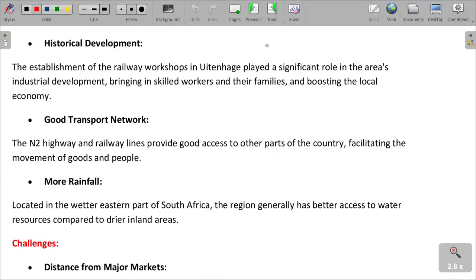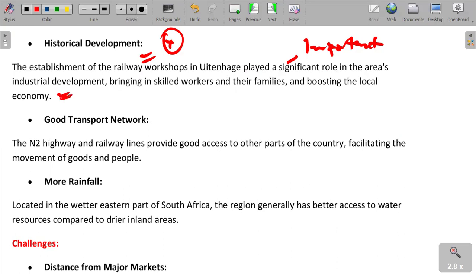So we can also talk about historical development as point number 4, that the establishment of the railway workshops played a very important role. They played a very important role in the area's industrial development by bringing in skilled workers and their families and boosting the local economy.